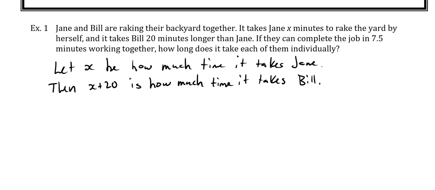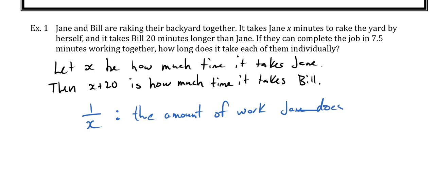Does that make sense? 1 over 10, how much she could do. 1 over 30, how much he could do in 1 minute, because I've divided a whole by the total number of minutes. So 1 over x is the amount of work Jane does in 1 minute.